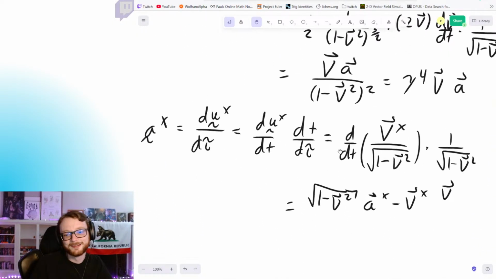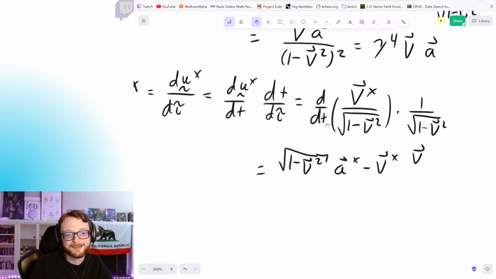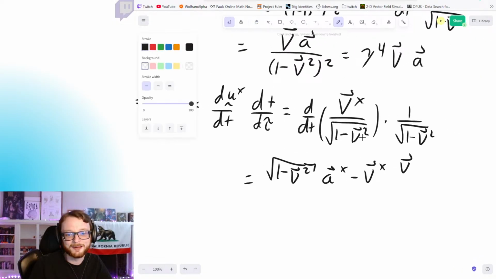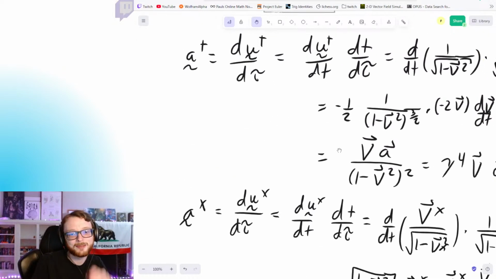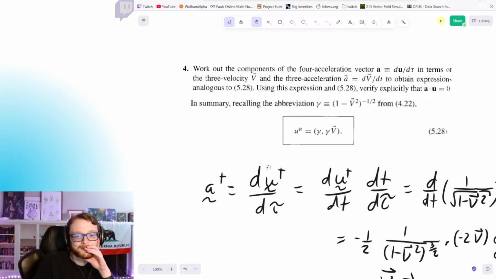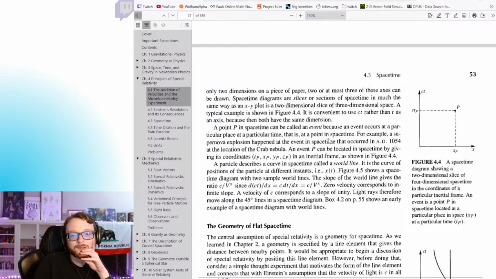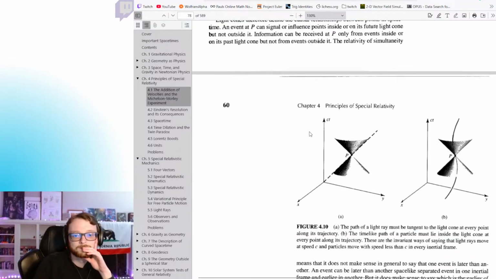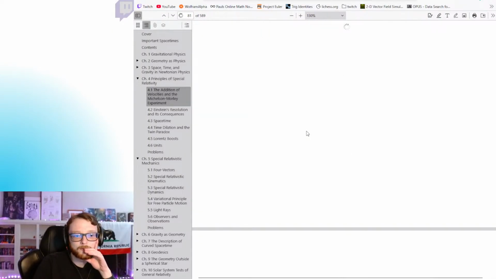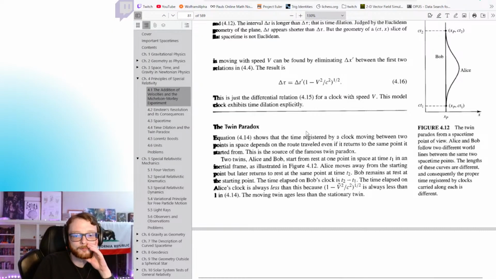Okay. So then coming over to X land, I think everything should be Vx. That means it's not going to be the same gamma, and it is the same gamma in 5.28. They're saying this comes from equation 4.22. Let me look at 4.22 then.